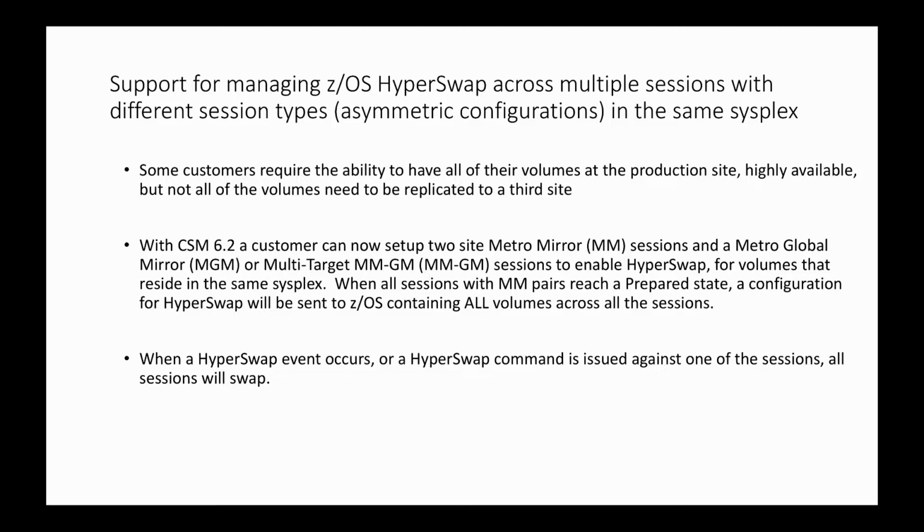So the problem was that you could only set up HyperSwap previously on a single session within a sysplex, and thus if you needed some of those pairs to be replicated to the third site, you would have to use a 3-site solution like Metro Global Mirror or multi-target MGM, and thus you would need to allocate volumes for even the pairs that you didn't need to get replicated to that third site within that MGM session.